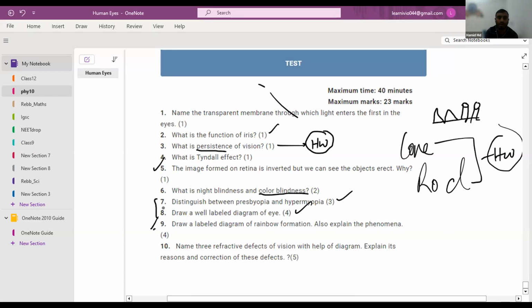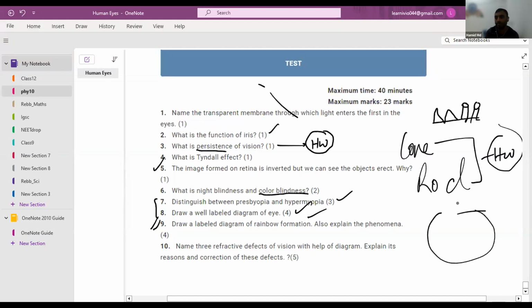Okay, so are you aware of rainbow formation, or has it been deleted again? No, sir, it's there. Okay, so how does the rainbow form? Can you draw the diagram? First is refraction, then reflection, and then again refraction.